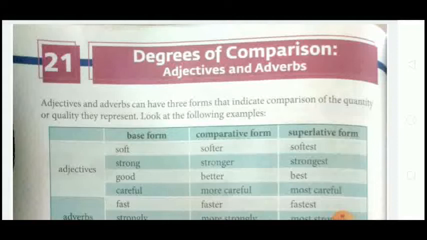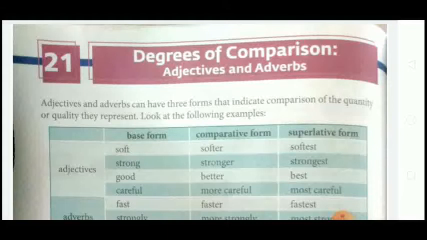So in this chapter we are going to see those three forms: base form, comparative and superlative, how they are formed and what words, prefixes and suffixes are used for making the comparative forms. So let's see chapter number 21, degrees of comparison, adverbs and adjectives.